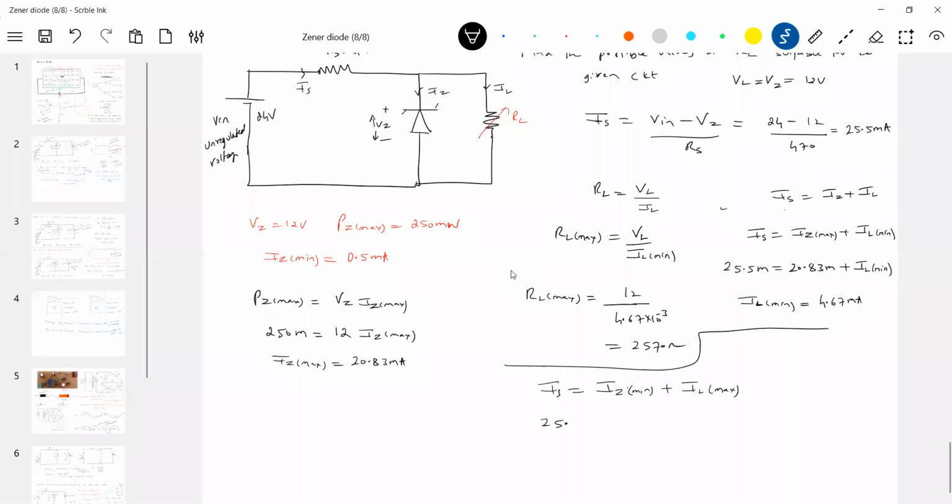This is 25.5 milli. IZ minimum is given as 0.5 milli, plus IL max. I think this will become only 25 milliampere. Then what about RL minimum?